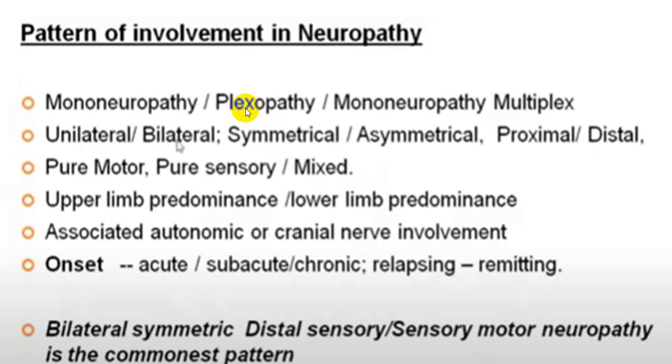We have already discussed before the pattern of involvement: mononeuritis multiplex, polyneuropathy or plexopathy, unilateral or bilateral, symmetrical or asymmetrical, proximal or distal. What is more involved? Pure sensory, pure motor or mixed. Upper limb more involved as compared to lower limb, or pure upper limb or pure lower limb involvement. Autonomic involved or not, cranial nerves involved or not, acute, subacute, chronic, relapsing, etc.